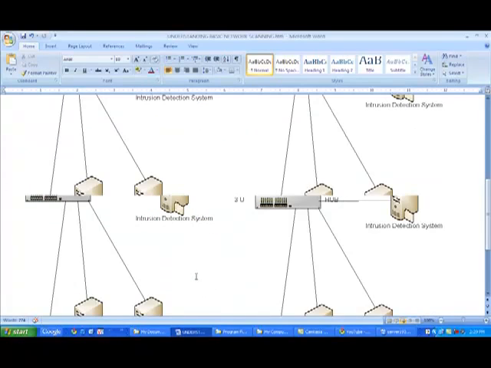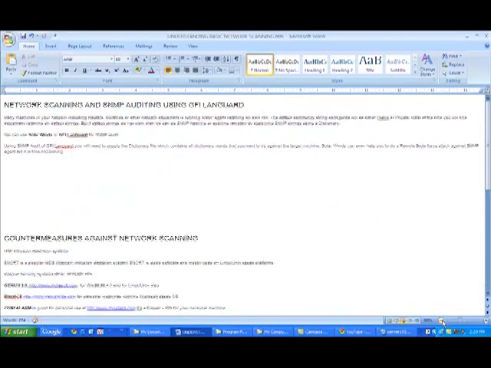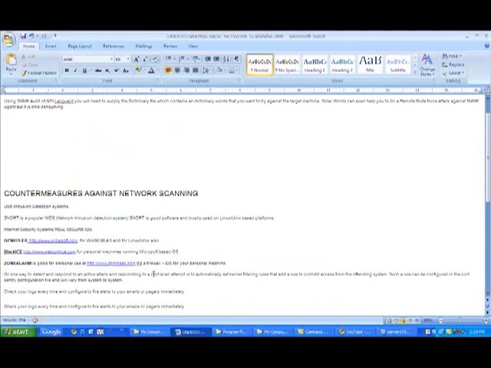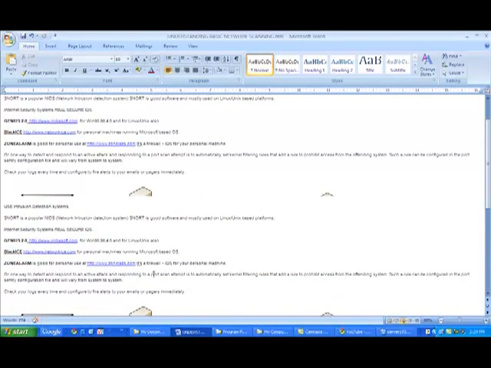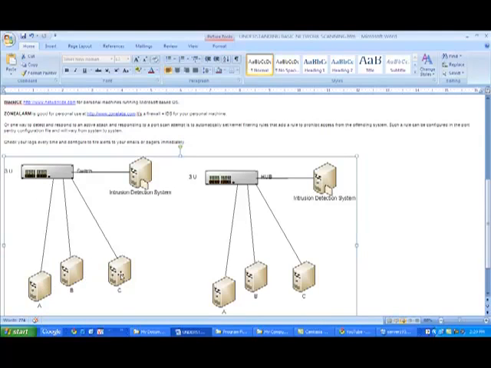So let's have a look here. If you see this diagram, you can see that we have two different scenarios. In this scenario I've got a switch with computers A, B and C, and this particular computer is running my intrusion detection software.